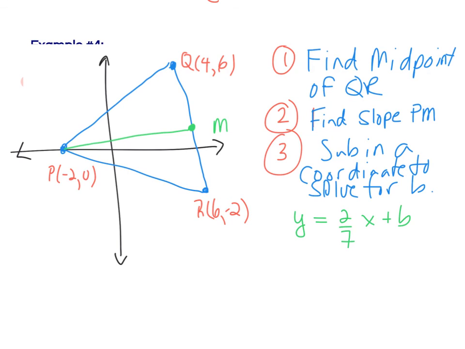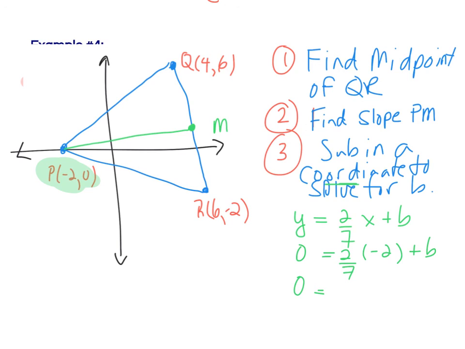So when I say sub in a coordinate, I know that if there's a point that's on this line, an xy coordinate, it should work for this equation, and that will allow me to solve for b. So the coordinate I'm going to choose to use is this one right here, P. Just going back and substituting that in, I'm going to put in 0 for y, 2/7 times -2, and then plus b. 0 equals.